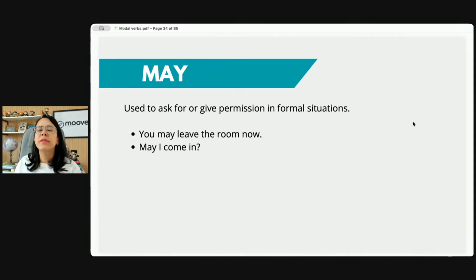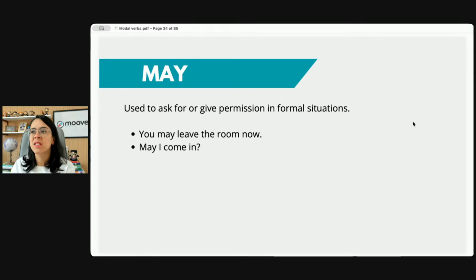May is a very, very formal way of asking for permission or to give permission too. If you are in a very, very formal environment, you can use can or may.